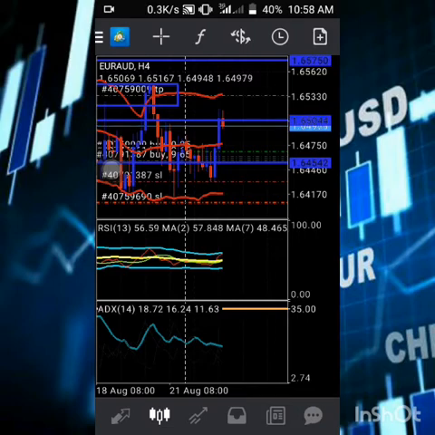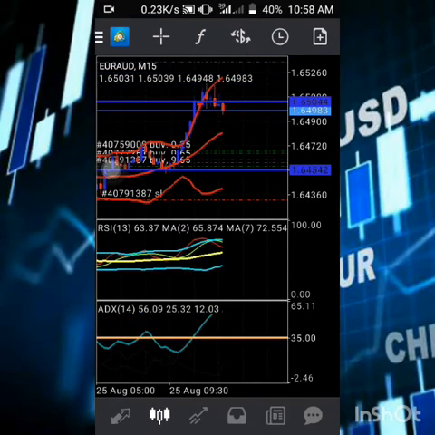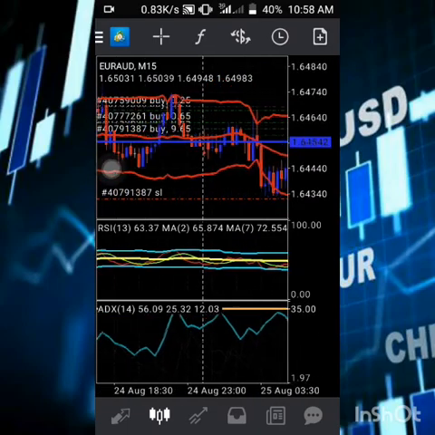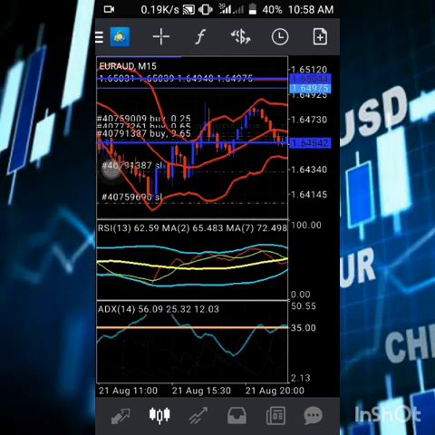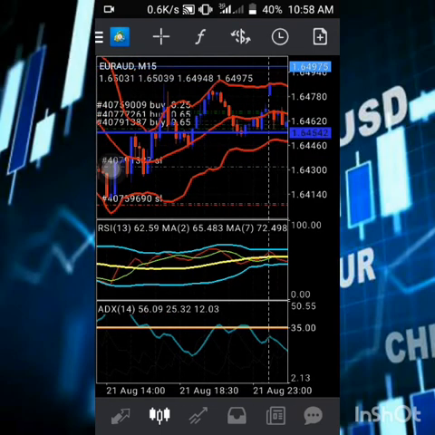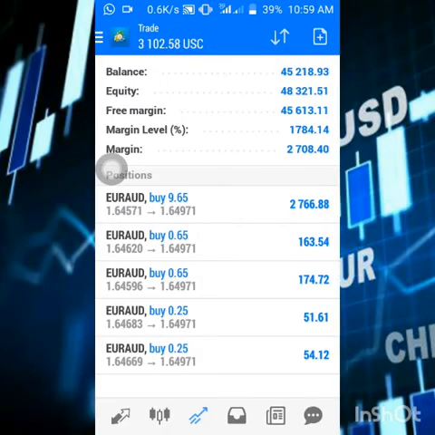Okay, this is day 3 of our trade. So we can see the way it's moving up. Can you see? We entered on the 21st of August. So if you can see, this is our profit for day 3.